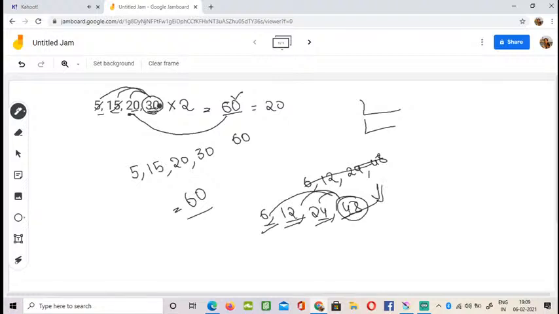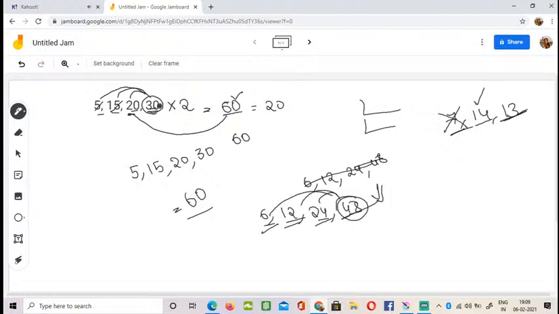Let's see another way of doing it. Take the numbers 7, 14 and 13. How will you do this? Again you see the largest number, which is 14. See whether 14 is divisible by 7 and 13. Only 7 is divisible, so let's cut the 7. Now you have the number 13.